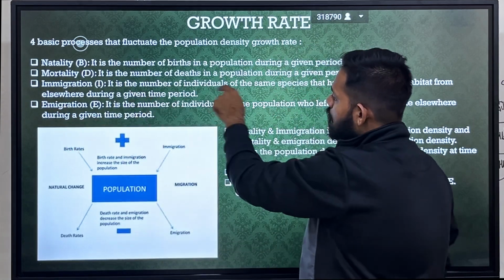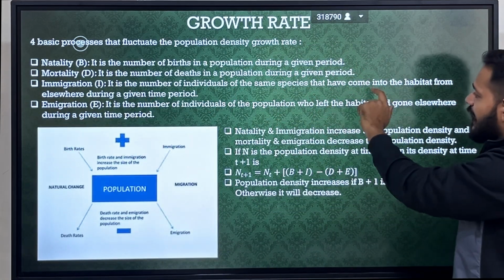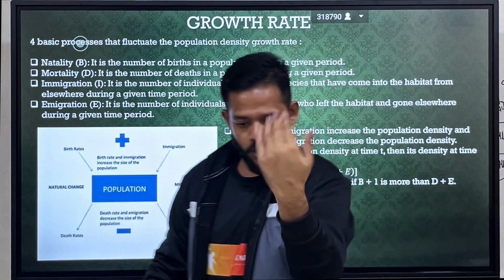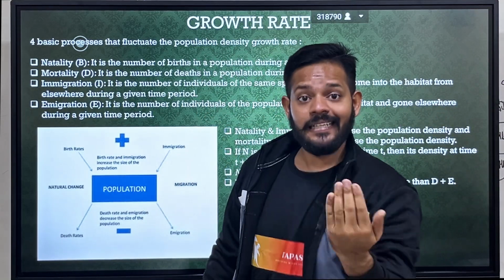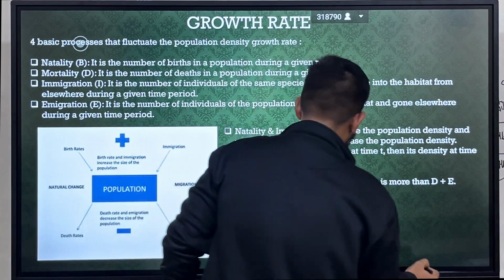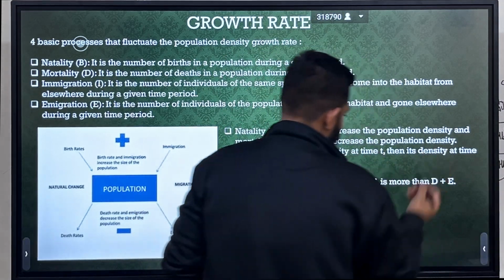Immigration is the number of individuals of the same species that have come into the habitat. Means the person is coming inside the population. You can draw this like this also.